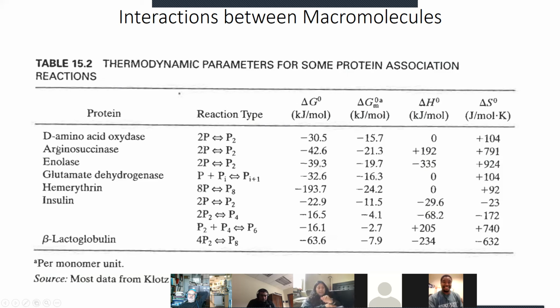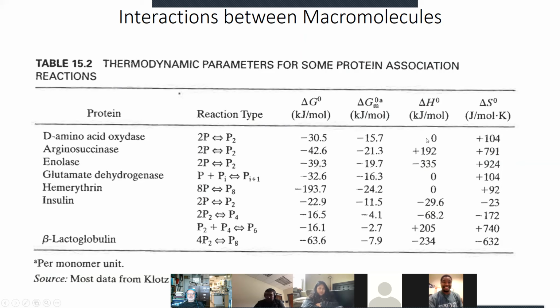And what it does is it lists a series of reactions. So this amino acid oxidase is a monomer-dimer equilibrium. Here's the free energy. Notice it has a 0 enthalpy and a plus 1/4 entropy. So this would end up being an entropically driven reaction. Arginosuccinase is a monomer-dimer equilibrium. Here's its free energy.